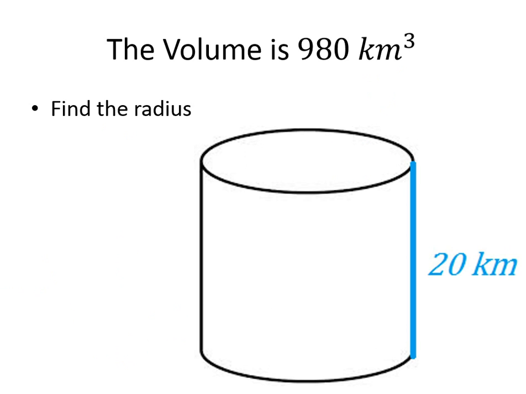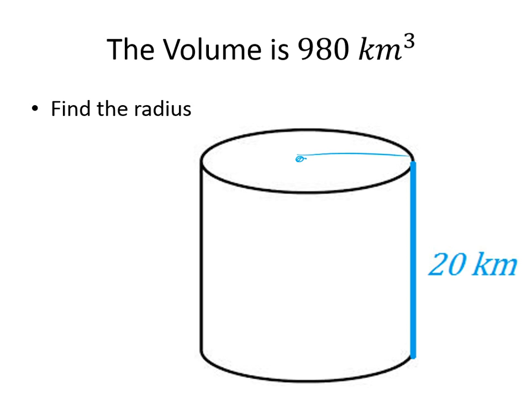All right, here we go. The volume of a cylinder is given as 980 kilometers cubed, and we want to find what the radius would be. Well, we know what the height is.